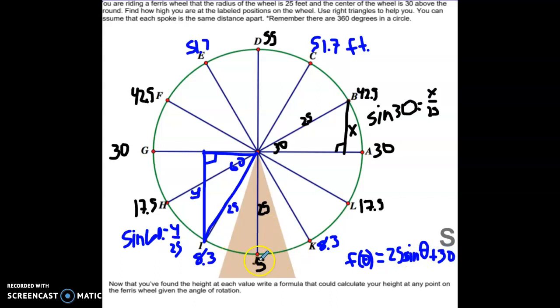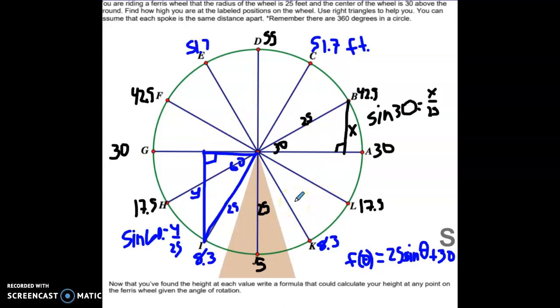Let's try it out. Let's try it at J right here. So the angle of rotation at J would be either a negative 90 or a positive 270.